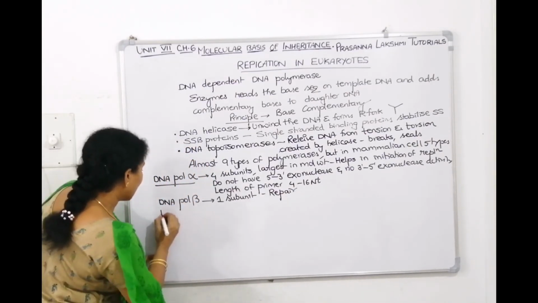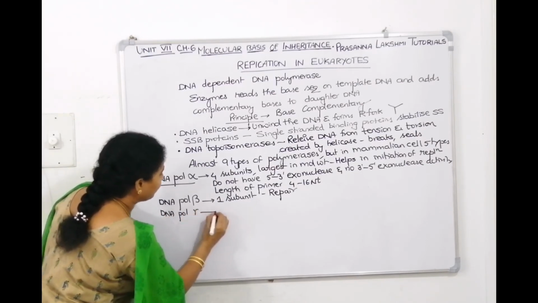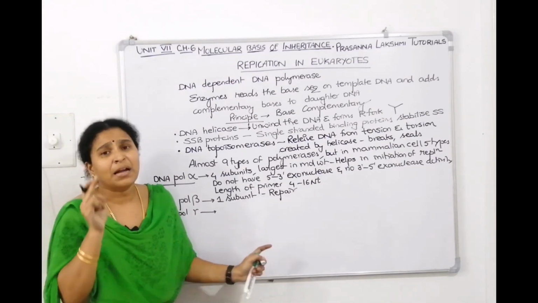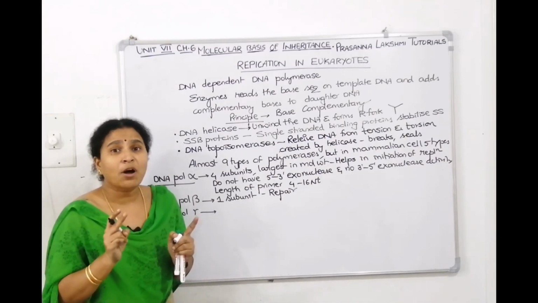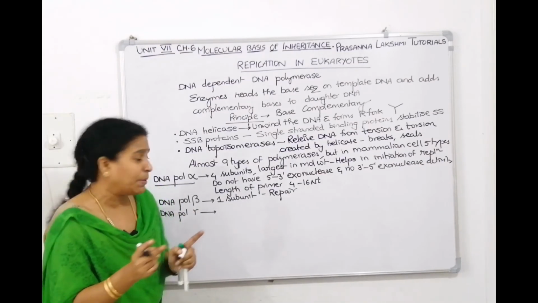And the third enzyme is DNA polymerase gamma. DNA polymerase gamma has 2 subunits and it is involved in organelle DNA replication, mitochondrial DNA replication.